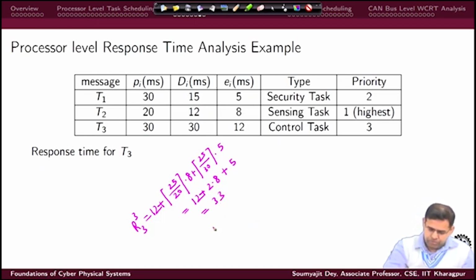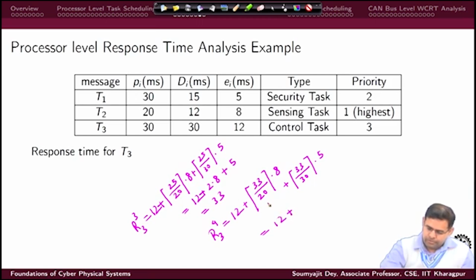And if you keep on doing this, you can go to the fourth estimate, which should again be 12 plus, you can see this is 33, right. So, the previous estimate is 33. If you keep on doing this, this is again going to give you, it is rounded up to the next whole number. So, that is 2 and 16. So, this is again rounded up to the next number, right.